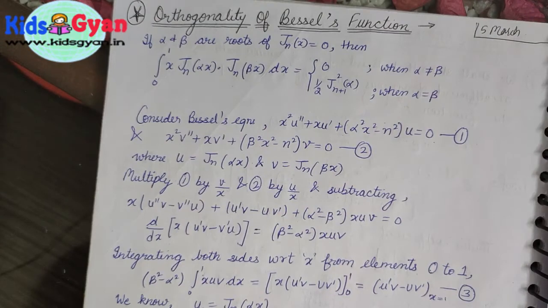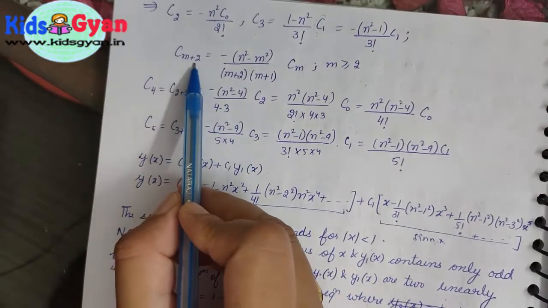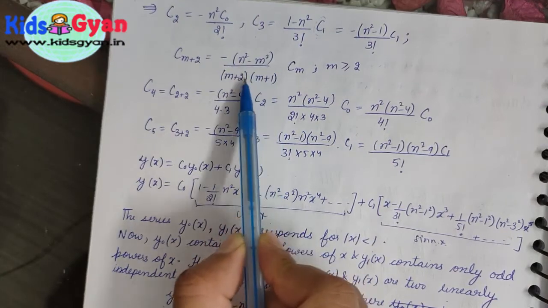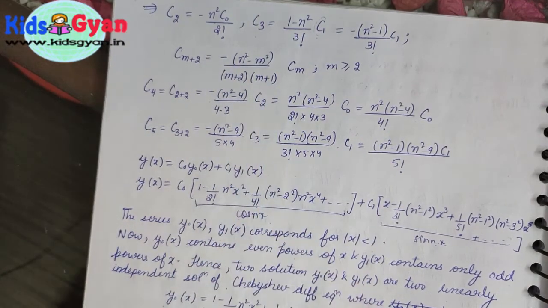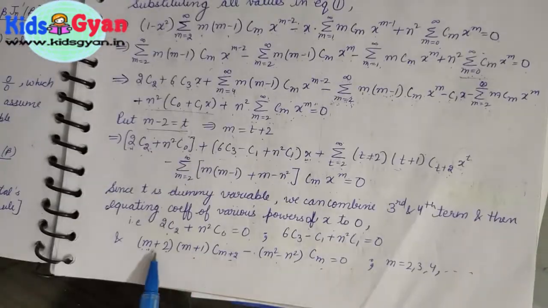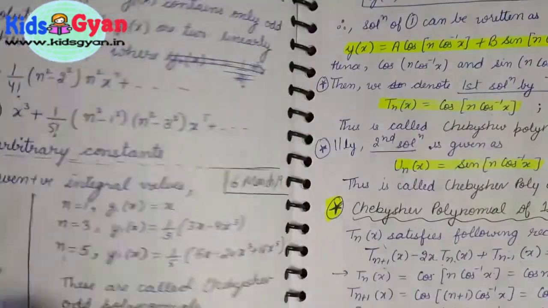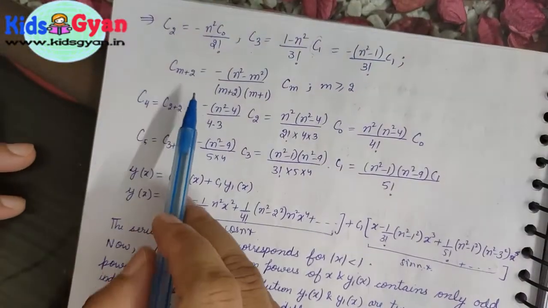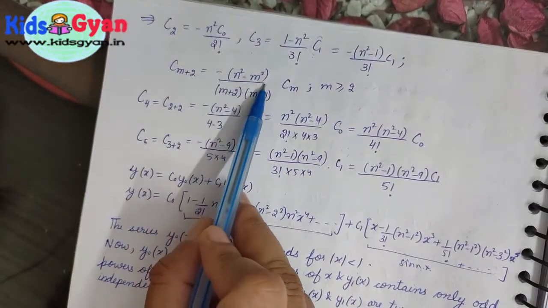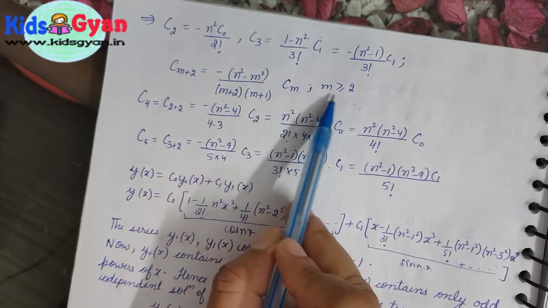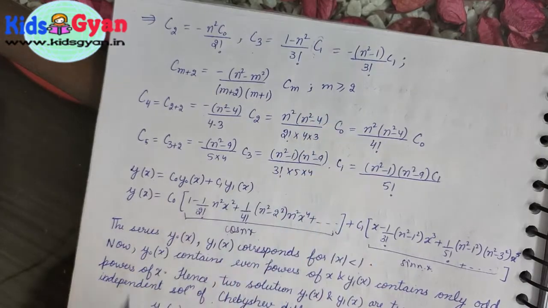So we get c2 and c3 from both of these first terms, and now c(m+2) is minus (n² − m²) divided by (m + 2)(m + 1) times cm. So we get c(m+2) by this term, where m is always greater than or equal to 2.